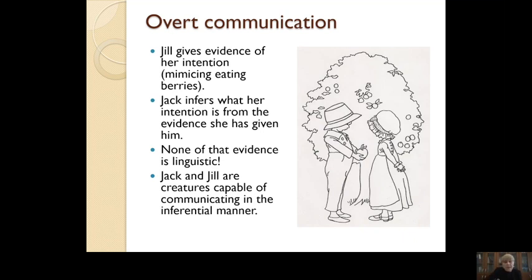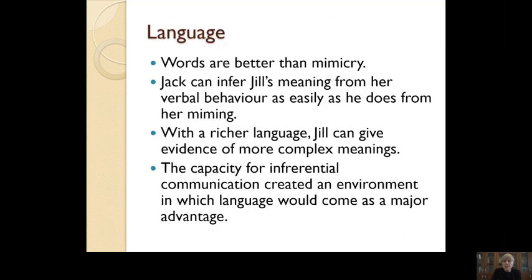And now we can perhaps introduce language. Words are much better than mimicry. Jack can infer Jill's meaning from her verbal behavior as easily as he does from her miming. With a richer language, Jill can give evidence of more complex meanings. So in other words, language simply facilitates communication, but it is not of primary importance.